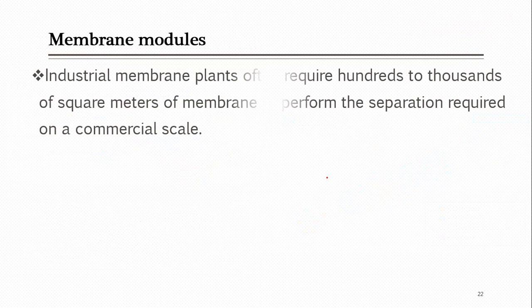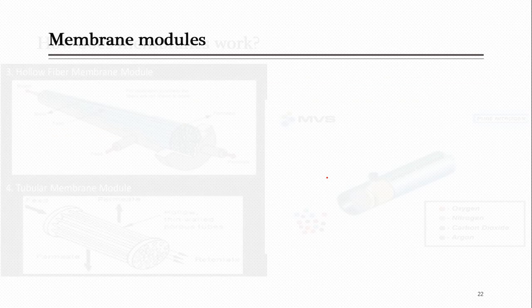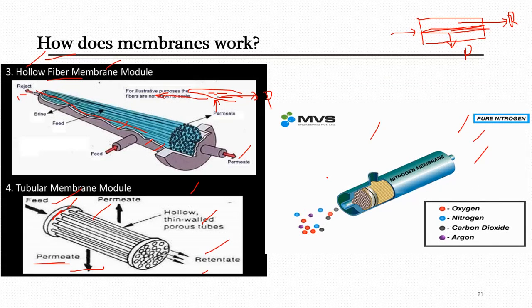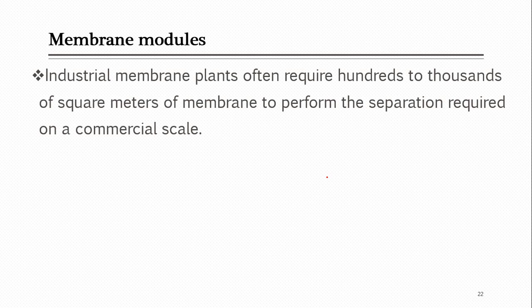So now, what are membrane modules? This was about how membranes work on a large scale. On a large scale, when we look at the application of membranes, industrial scale membranes usually require large areas. Just recall the industrial example which we discussed last week, the plant for synthesis of benzene from toluene.